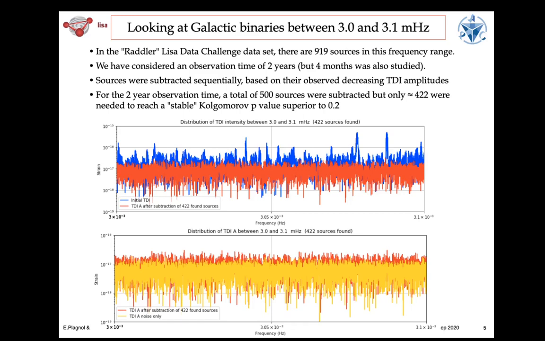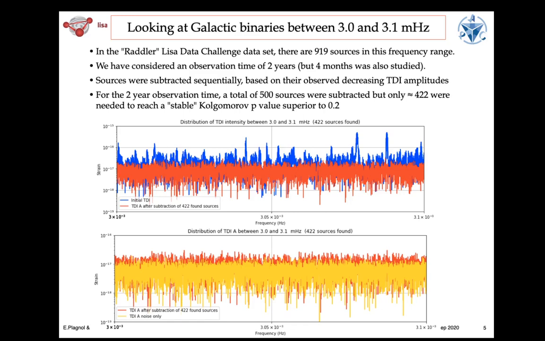So here we show above, in blue, the data corresponding to the TDI-A before any subtraction. So we see a number of clear spikes indicating the presence of sources with rather high SNR. Once we subtract the 422 sources, then we end up with the red distribution that has obviously a much smoother behavior.